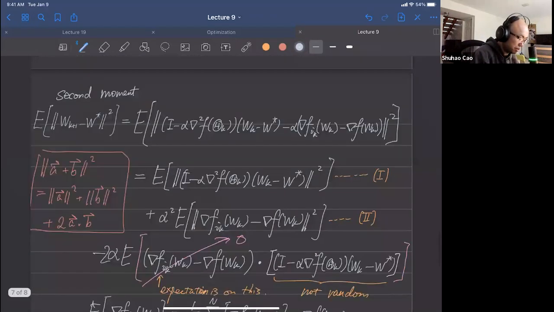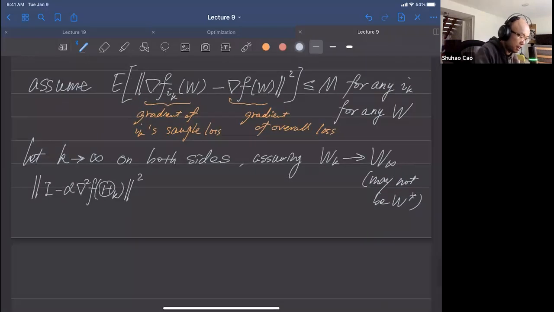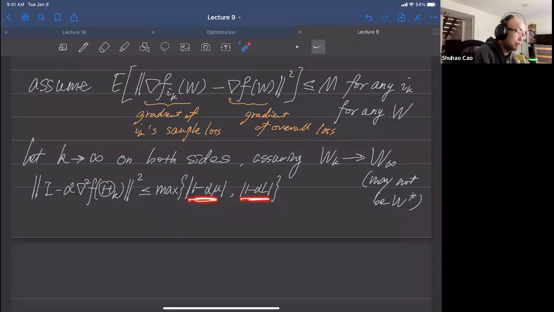I skip the proof here, and we learned in 449 that this is less than the maximum of the absolute value of 1 minus alpha mu and 1 minus alpha L. When alpha is sufficiently small, both of them will be positive, but this one is bigger than that.